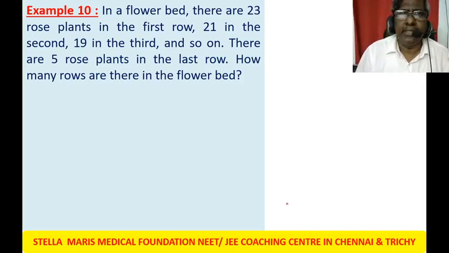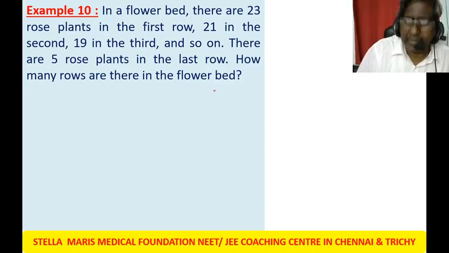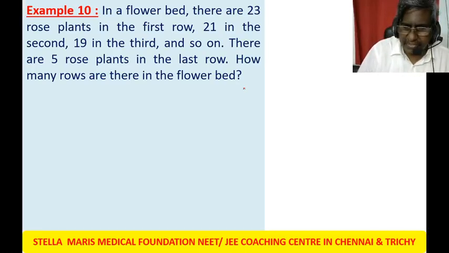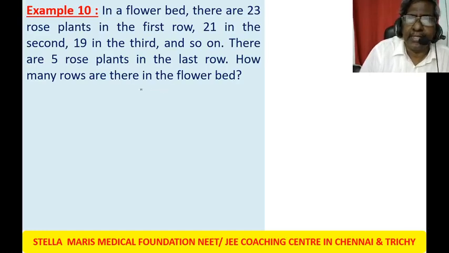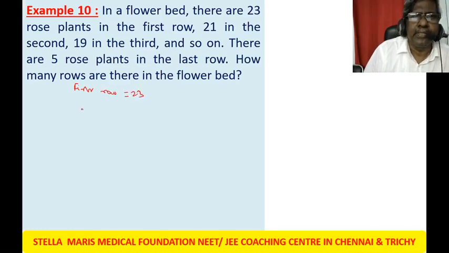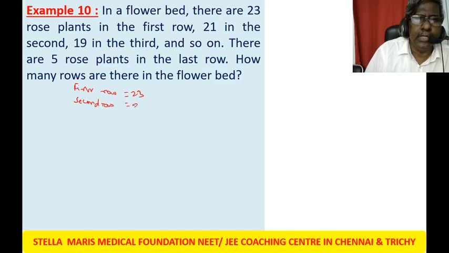See here, in a flower bed, there are 23 rose plants. There are rows: first row, second row, third row, fourth row, and it goes on. The first row has 23, the second row has 21, then the third row is 19.